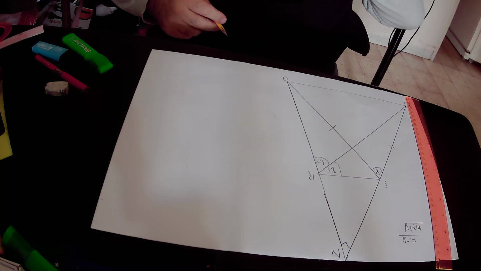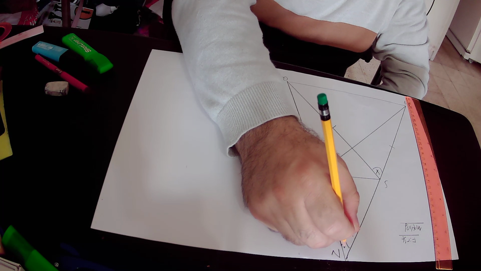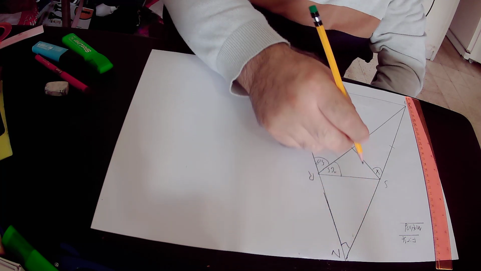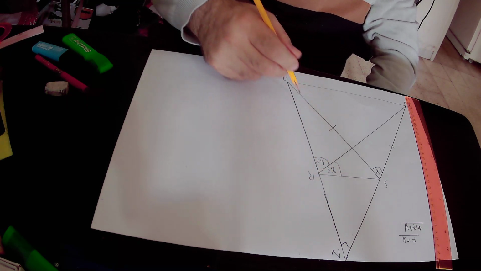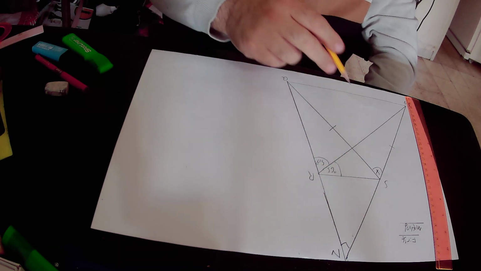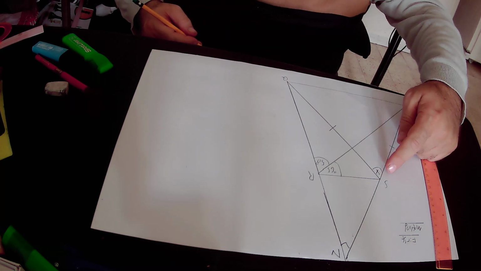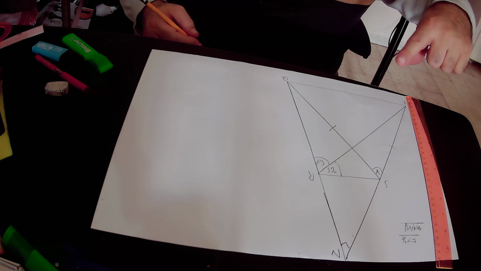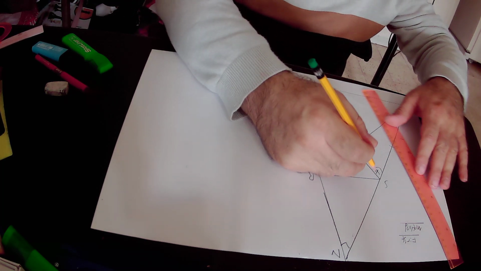In the next step, this angle equals 90 degrees. It is a right angle because SN is perpendicular to extended QR. And we will also, from point S, draw a perpendicular to line segment PR.